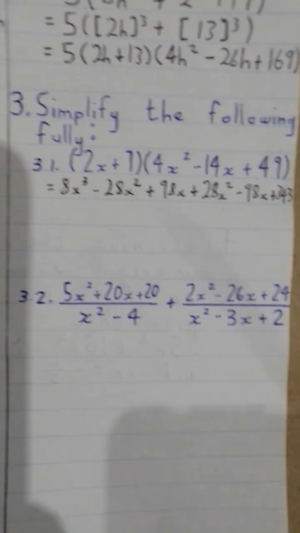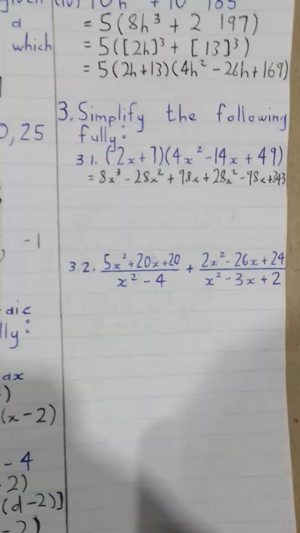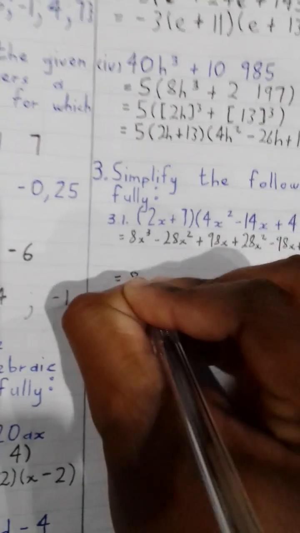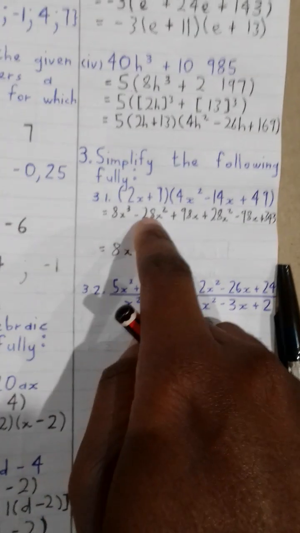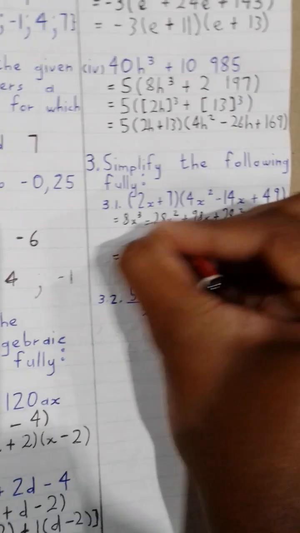Now you take the like terms. Okay, 8x cubed, there's no one like it, it's the only cubed, so it's 8x cubed. Now the x squared, you have negative 28x squared plus 28x squared, that's 0.